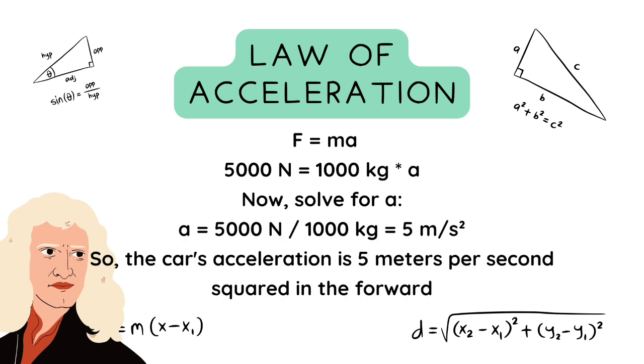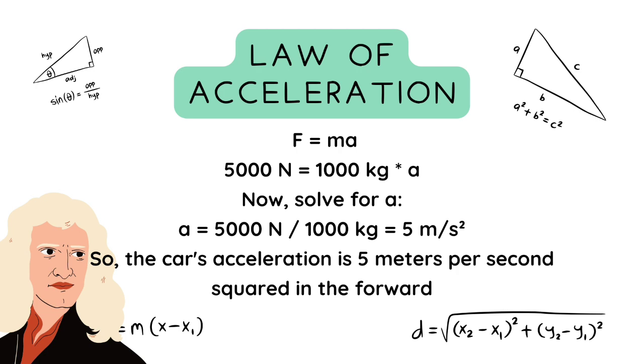To find the acceleration, you can use Newton's second law, which is F equals ma. In this case, the force is 5000 newtons and the mass is 1000 kilograms. Plug these values into the equation. So, force is equal to mass times acceleration.